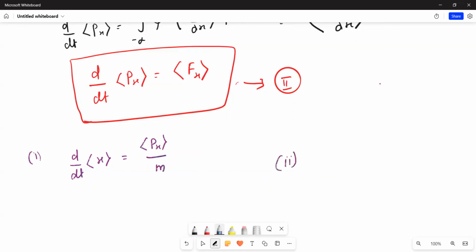As per the second Ehrenfest theorem, d by dt of the expectation value of momentum px is equivalent to the expectation value of force.